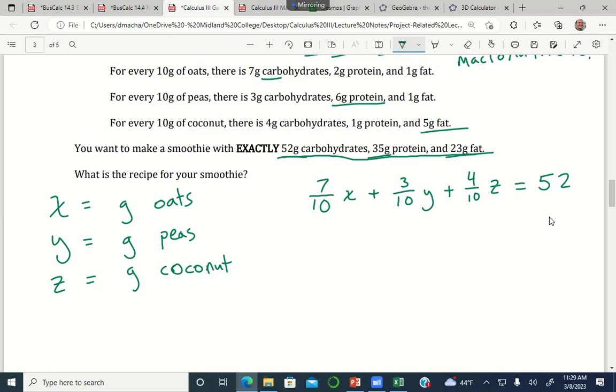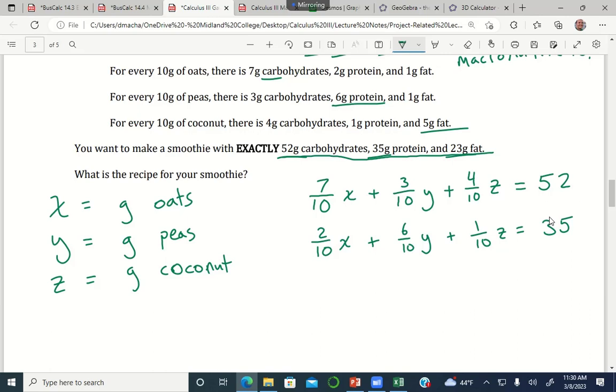For my protein equation, I have to say, well, for every gram of oats, I'm getting 2/10 protein. For every gram of peas, I'm getting 6/10 protein. And for every gram of coconut, I'm getting 1/10 protein. Altogether, when I add up my protein from my oats, peas, and coconuts, I want a total of 35 grams protein.